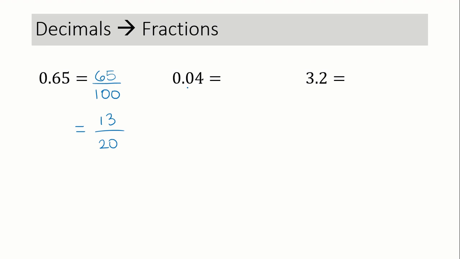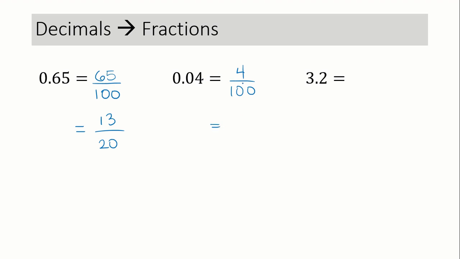I think it's easier though just to count your decimal places. We have 1, 2 decimal places here. That means our denominator will have 2 zeros. 2 decimal places, 2 zeros. As simple as that. Then you take your value and that's your numerator. So 0.04 is equal to 4 out of 100, or 4 hundredths.